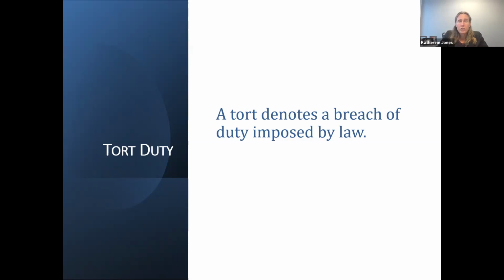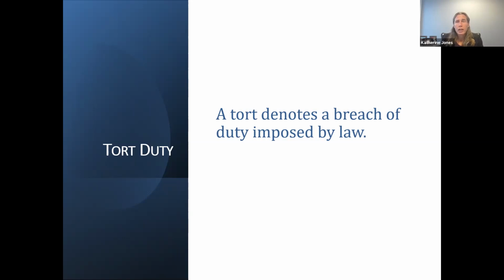And there's a bunch of different kinds of torts. Essentially, you have intentional torts, which are things like assault and battery and trespass and things like that. You also have negligent torts, which are your car accidents or your professional liability for the most part.